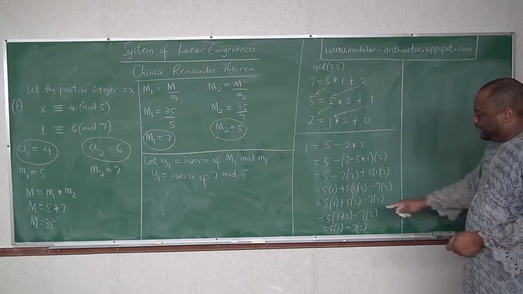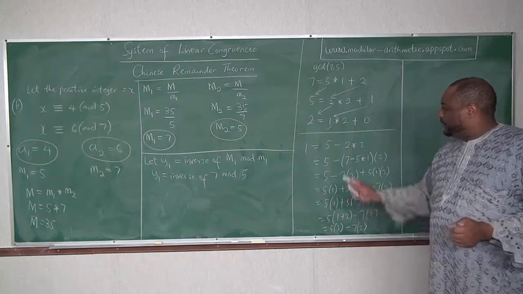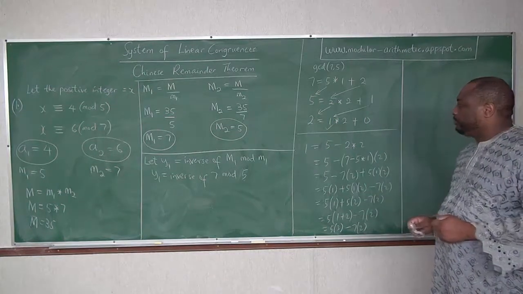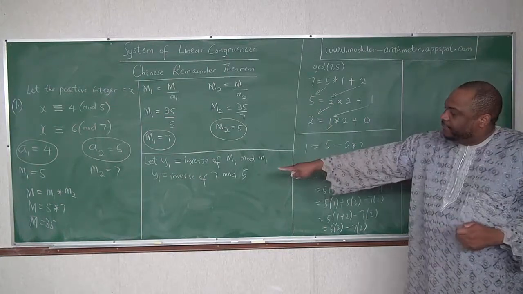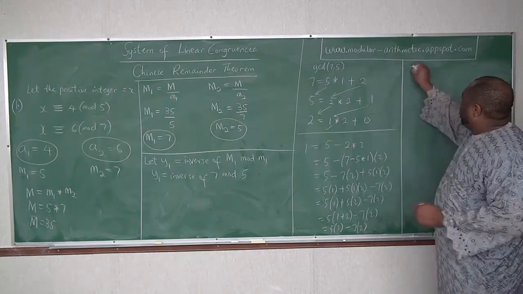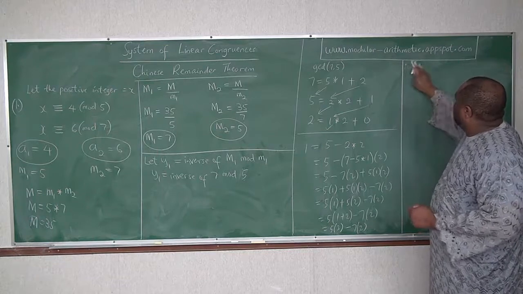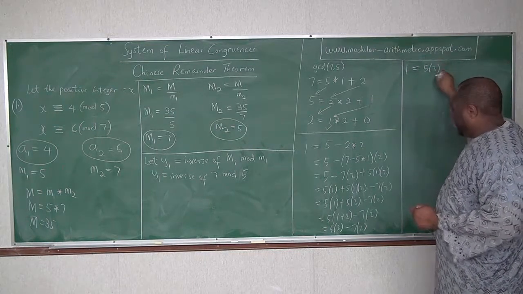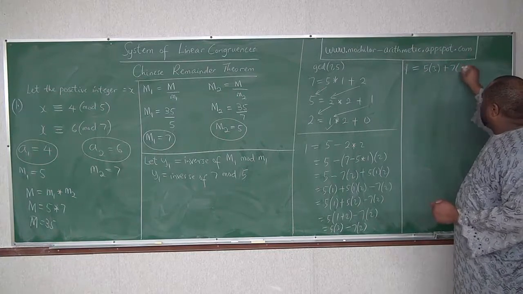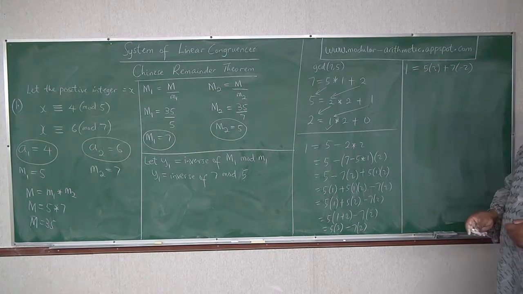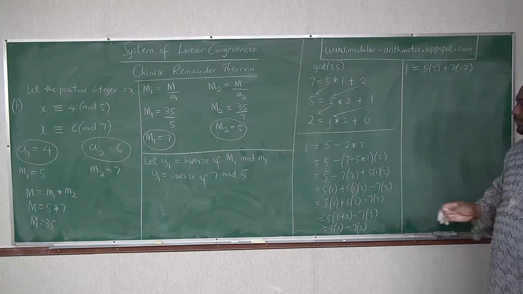Okay? And let's check it. 15 minus 14 is 1. But we are looking for the inverse of 7 mod 5. So this will be 1 is equal to 5 times 3 plus 7 times minus 2, because we want only 5 and 7.